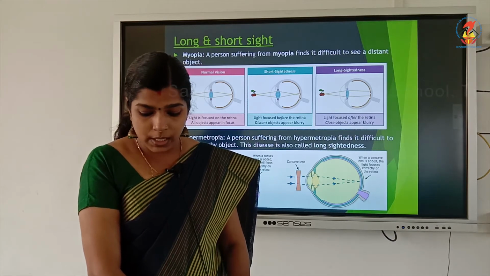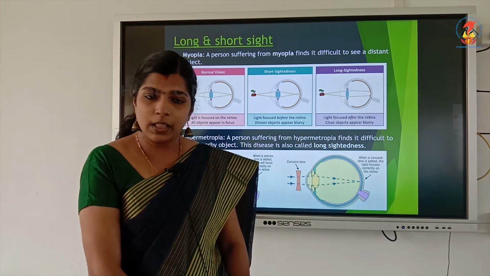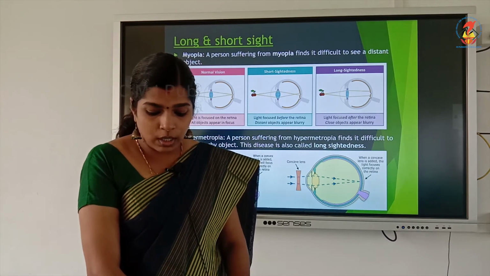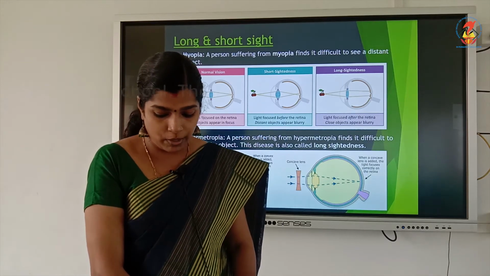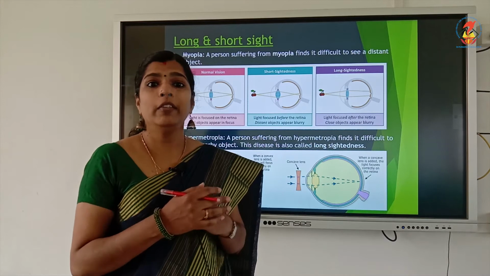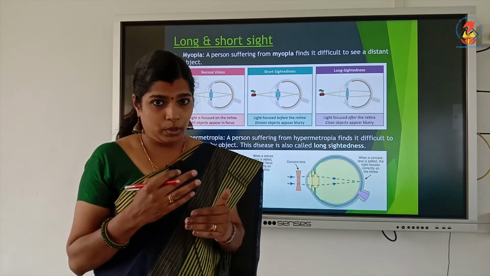The minimum distance at which an object can be seen distinctly varies with age. The most comfortable distance at which one can read with normal vision is about 25 centimeter. Means we will be able to read a book.